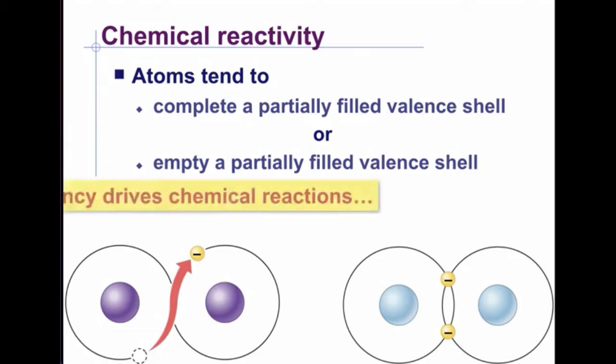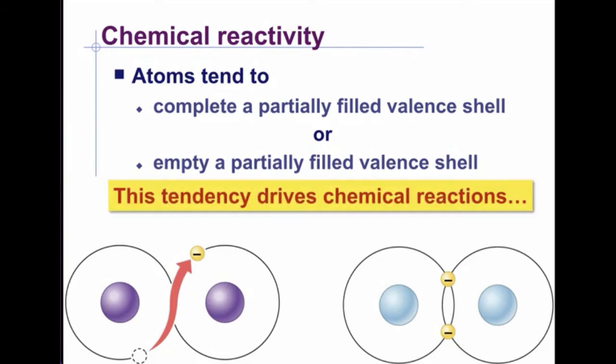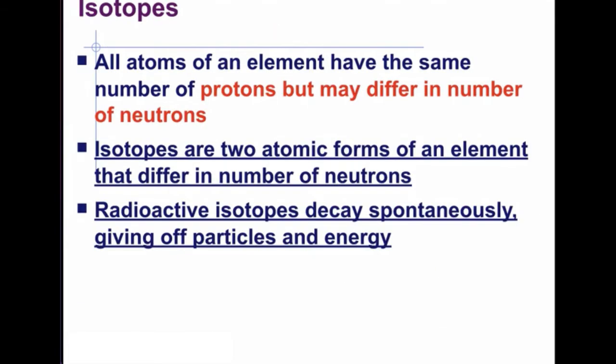And if that happens, of course, the tendency is to drive chemical reactions and create what we call bonds. Now, all atoms of an element have the same number of protons but may have a different number of neutrons. Now, isotopes are two atomic forms of an element that differ in number of neutrons.